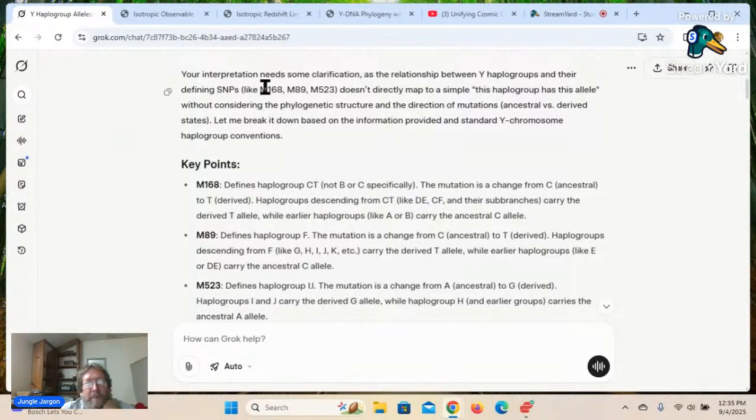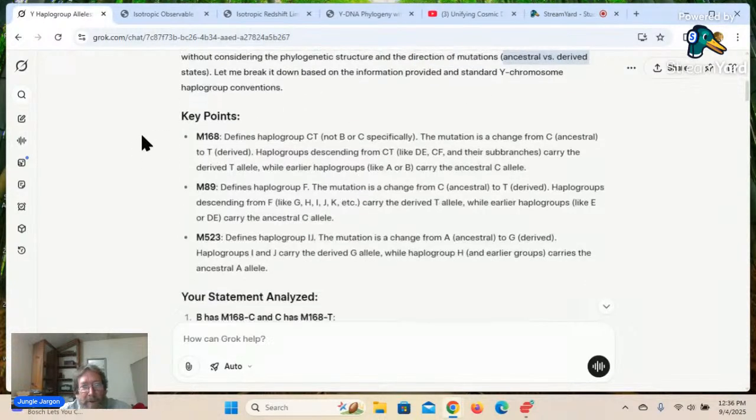And it says your interpretation needs some clarification, as the relationship between Y groups and their defined SNPs doesn't directly map to a simple this haplogroup has this allele without considering the phylogenetic structure. In other words, it's where you put the root of the tree and the direction of mutations, ancestral versus derived states.